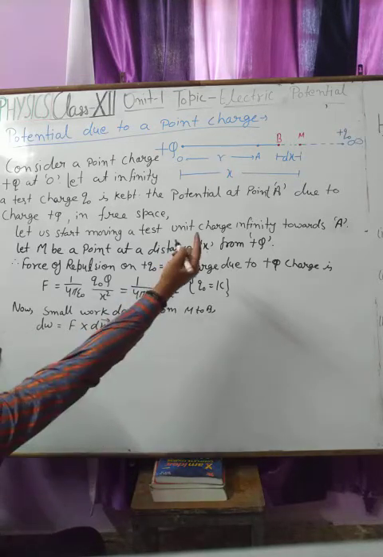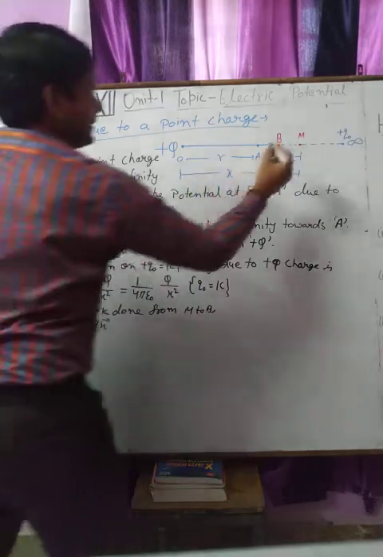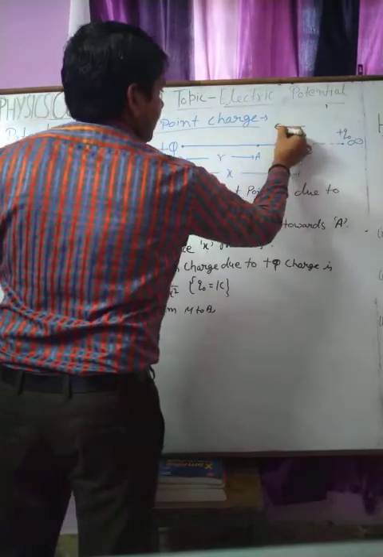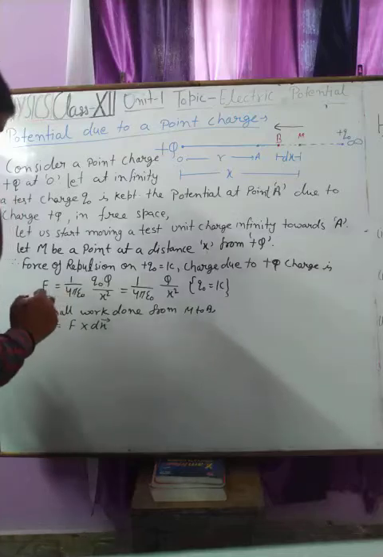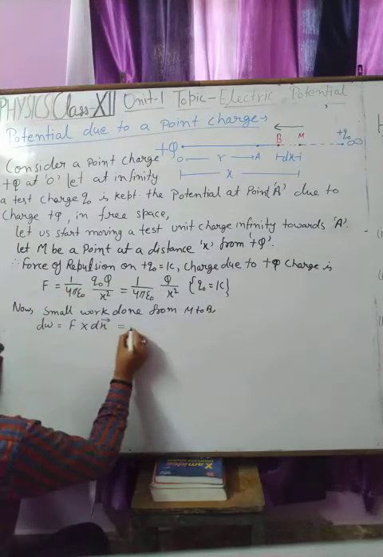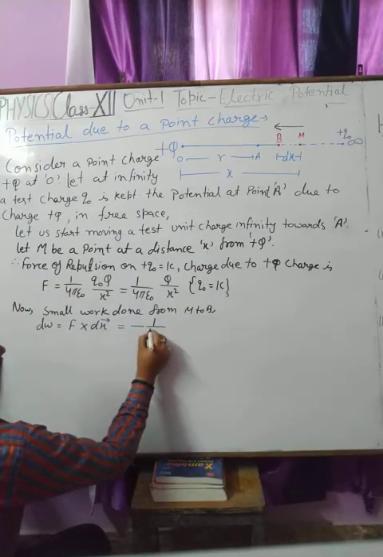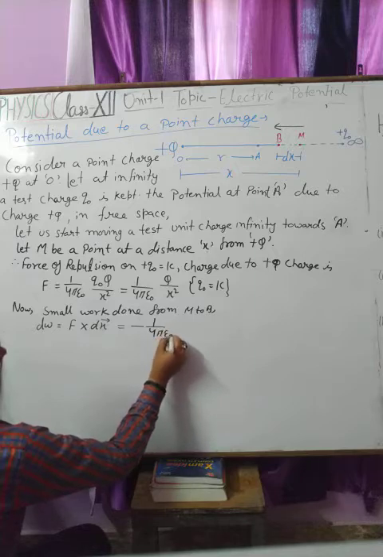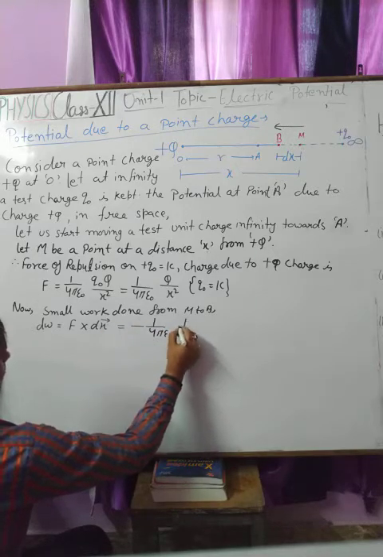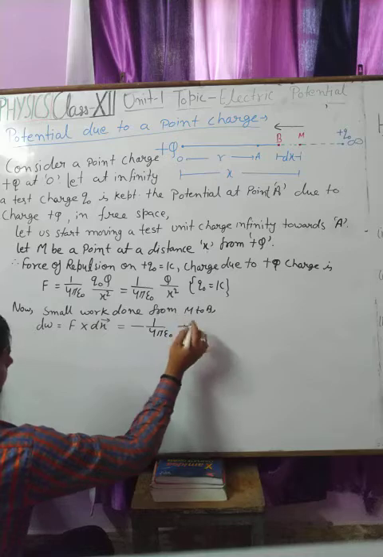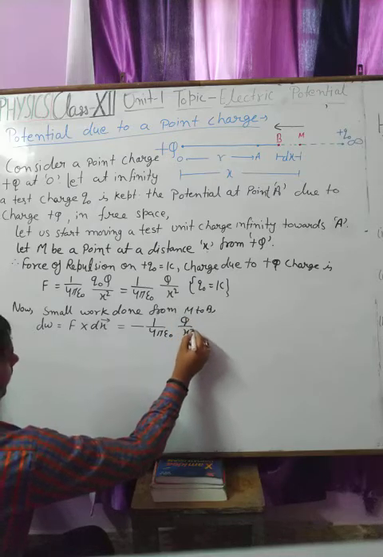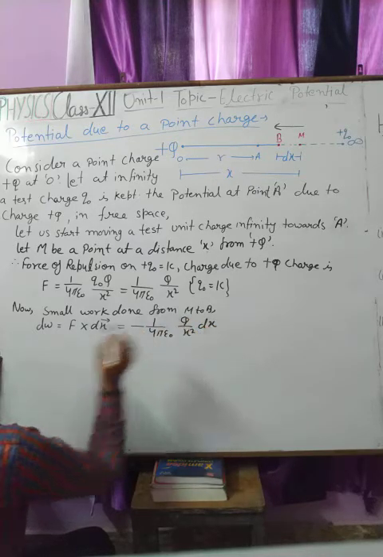Okay, so dx is in the direction opposite to the force. Therefore this is minus 1 upon 4 pi epsilon naught q upon x square dx.